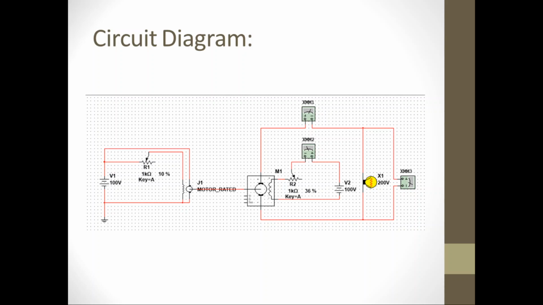So assuming that you have already performed the excitation characteristic of the DC generator, we will open the saved circuit, and then construct the given circuit diagram in order for us to gather the data for this particular activity.